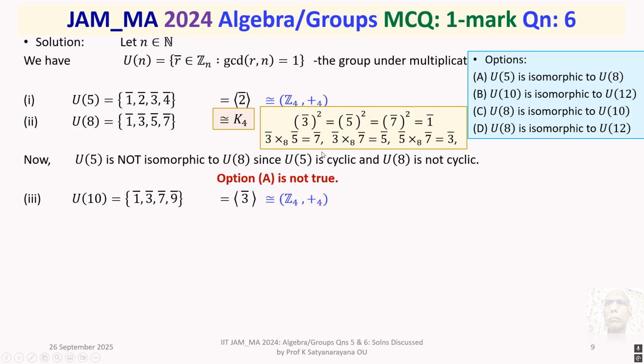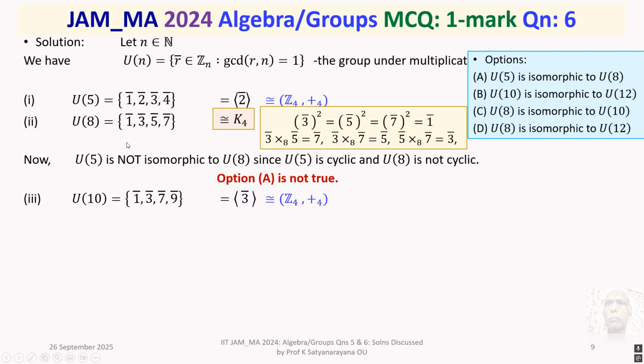U10 is of order 4. Z4 is a cyclic group of order 4. And any two finite cyclic groups of the same order are isomorphic. Therefore, U10 is isomorphic to Z4. Right. Now, we told U8 is isomorphic to K4, U10 is isomorphic to Z4.